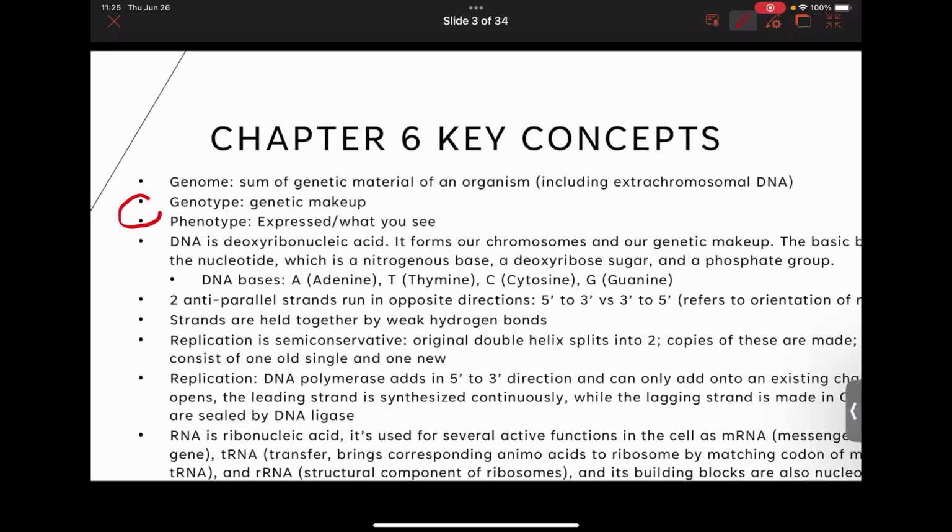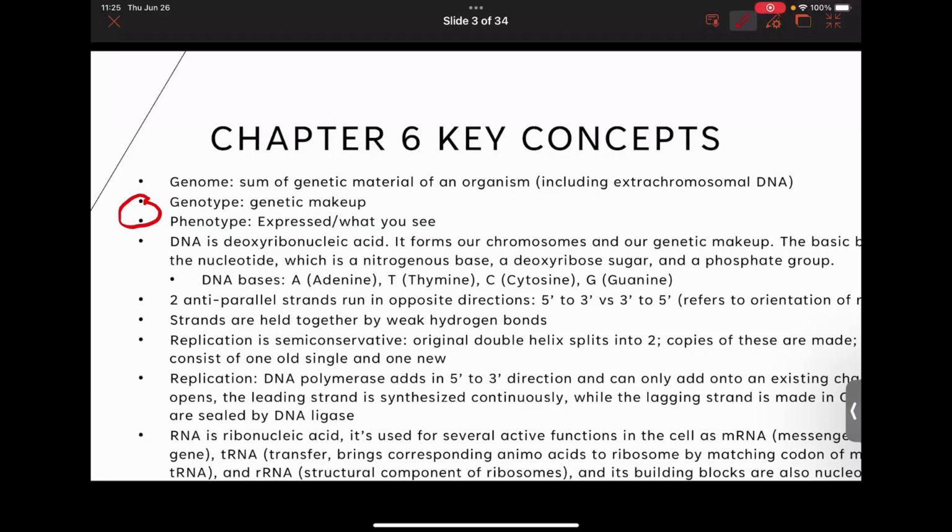Distinguishing between genotype and phenotype. This is a thing that some people have a little bit of issue with. Your actual genetic code and what genes you have in your cells, that's your genotype. But which ones are expressed and how that presents in the organism, whatever you see physically or physiologically, that's your phenotype. Physical, physiologically, pheno.